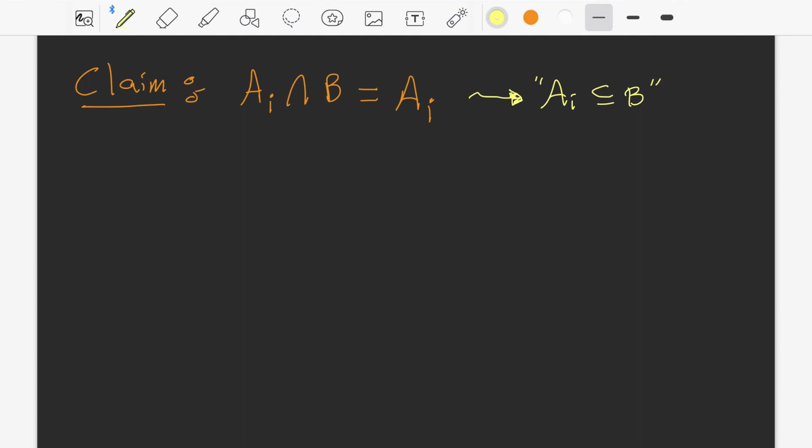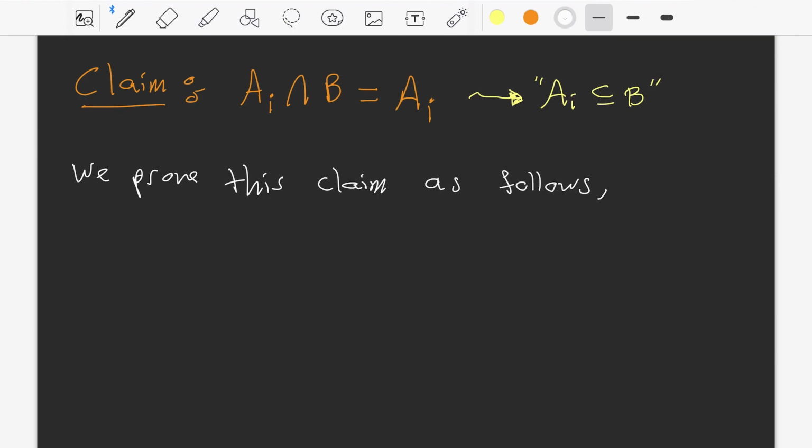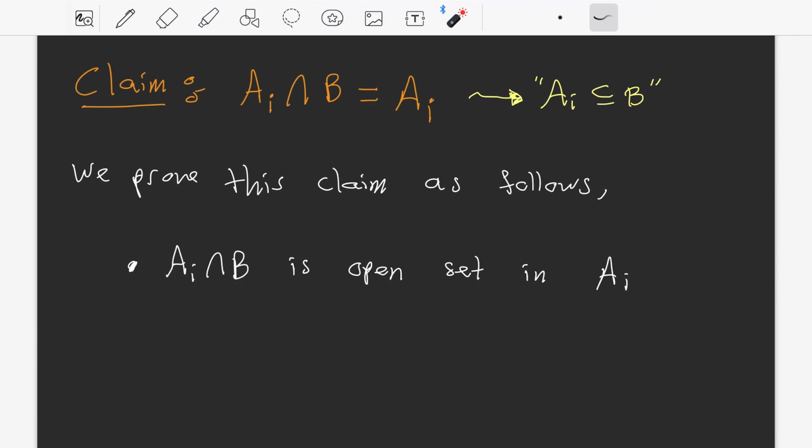Now, how do we prove this claim? We prove this claim as follows. First note that A_i intersection B is an open set in A_i. Why is it an open set in the subspace topology?